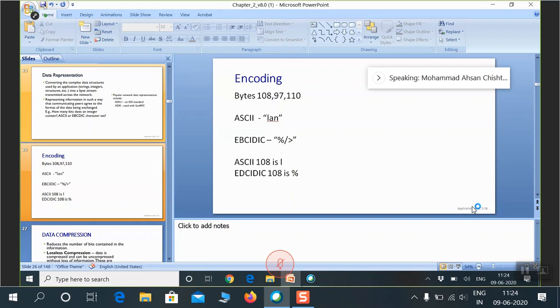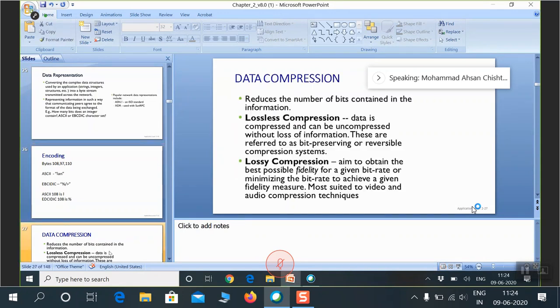We have universal character set, UCS, as well, which is one of the common character sets being used. I hope the first part is clear, what we mean by data representation, the first function of it.